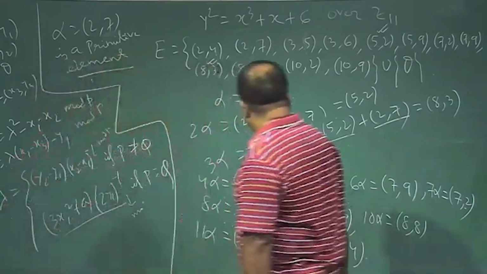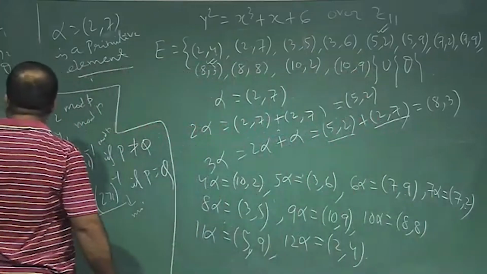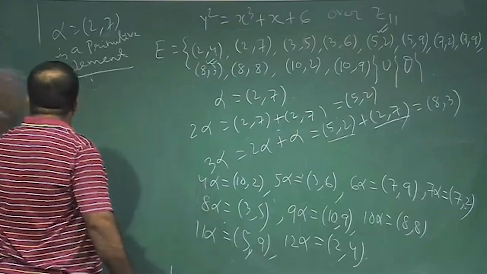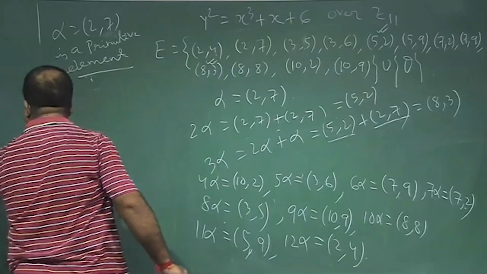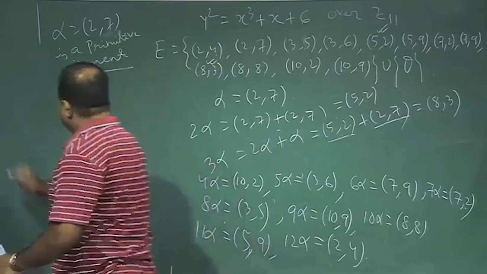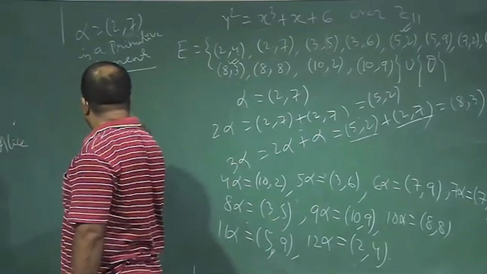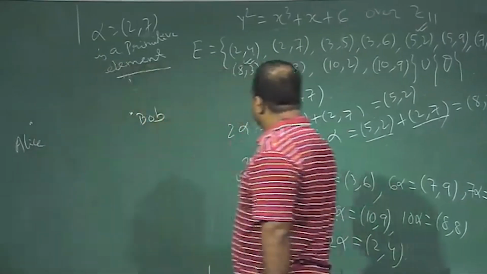Okay. So how can we do that? Basically, this setup is done by Bob. Alice wants to send a message to Bob, and they have decided to go for the ElGamal cryptosystem over the elliptic curve points.